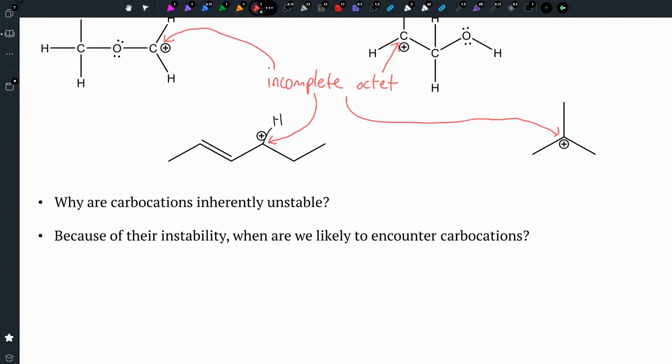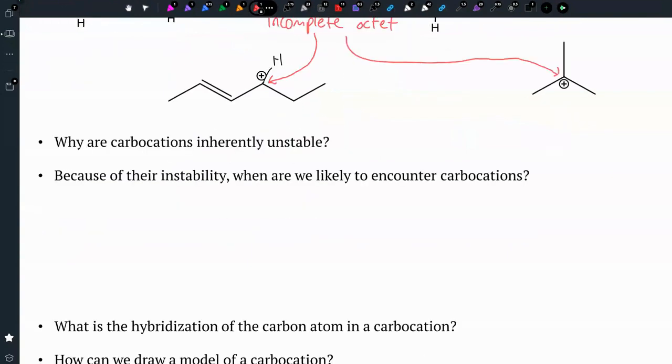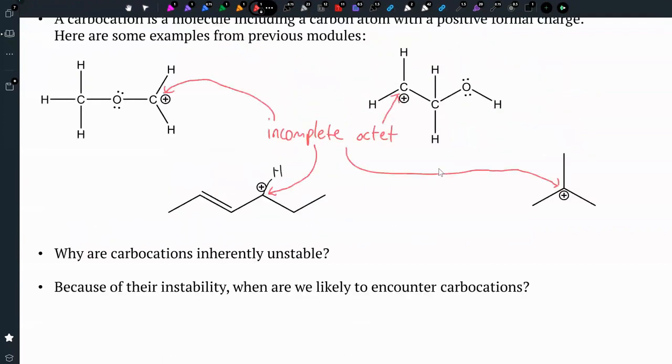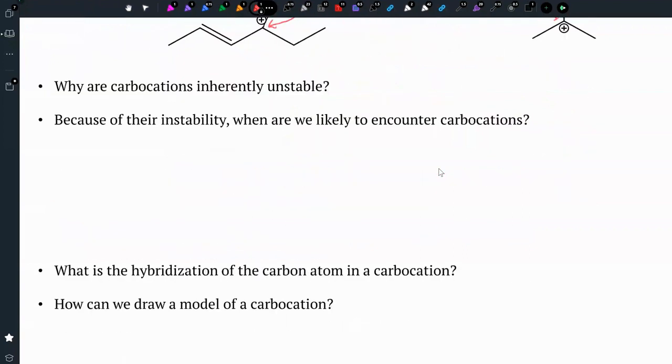And if there's one thing we know about electrons, it's that they love to be shared. And so when an atom has an empty orbital and space for making more bonds, electrons are going to want to fill that. So because they're unstable, I mean, we've drawn these, but we've always said they're unstable.